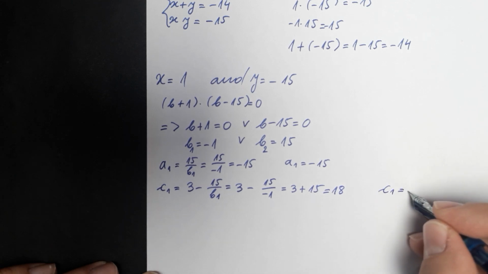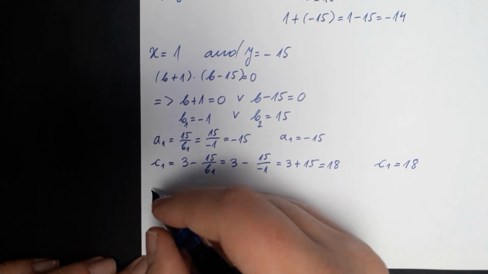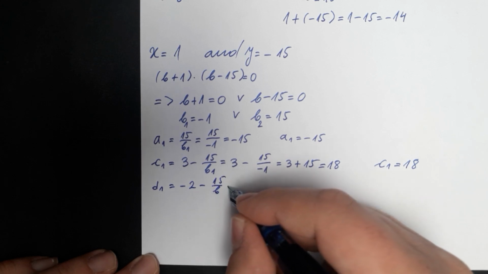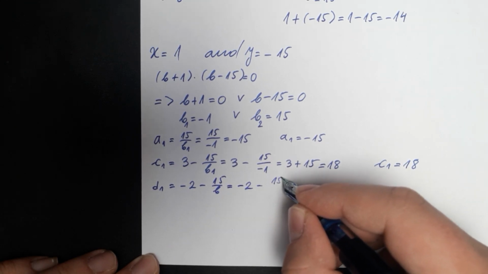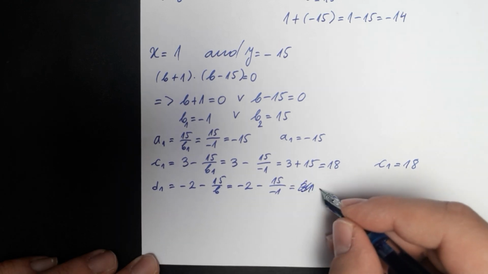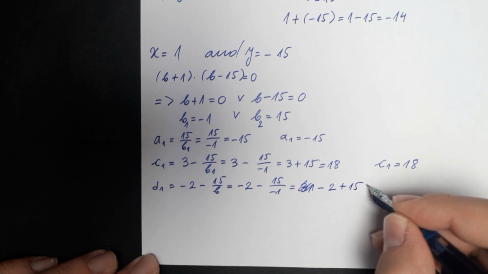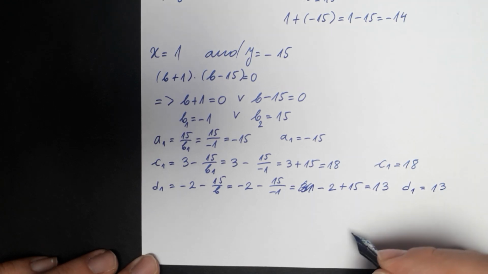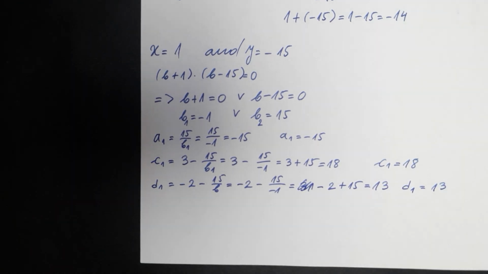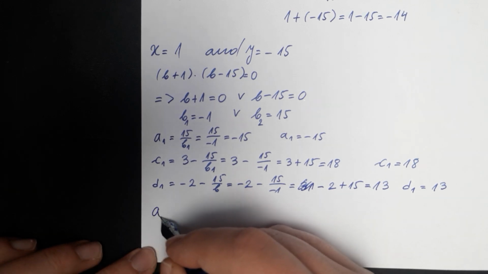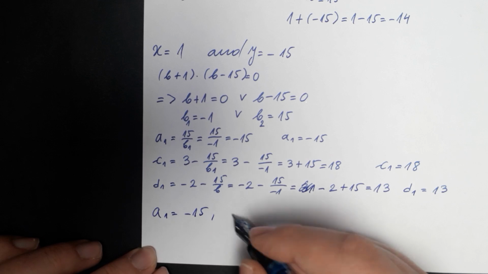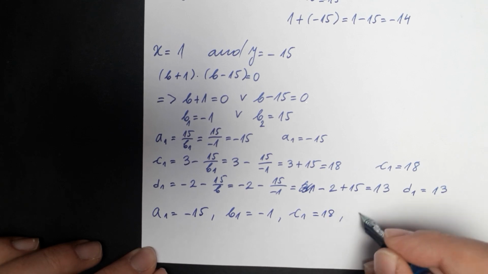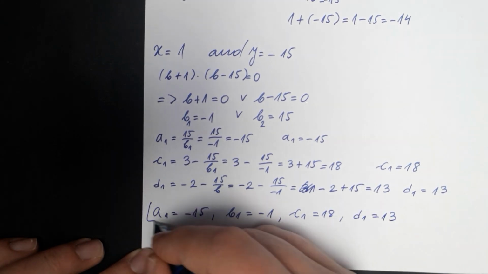So c1 has to be equal to 18. d1, we have found that it is equal to -2 minus 15 over b, which is equal to -2 minus 15 over -1, which is equal to -2 plus 15, and that is equal to 13. So d1 has to be equal to 13. Here we have found our first combination, and that is a1 is equal to -15, b1 is equal to -1, c1 is 18, and d1 is equal to 13.